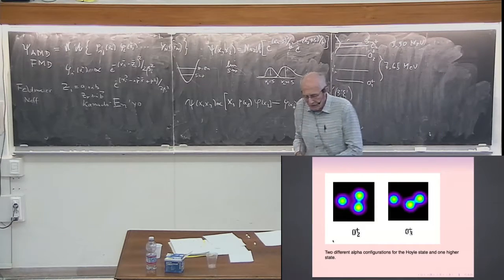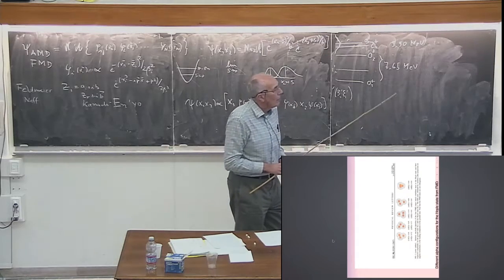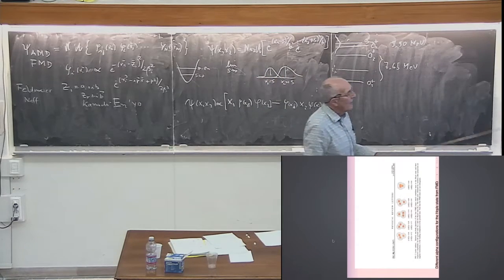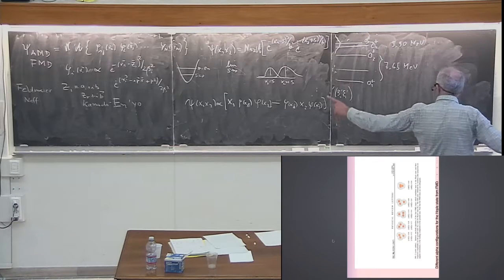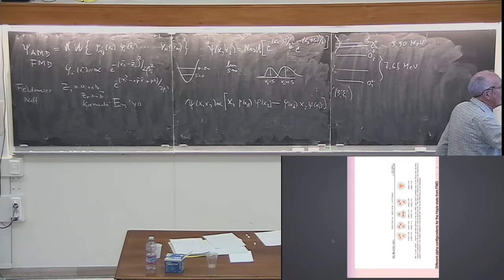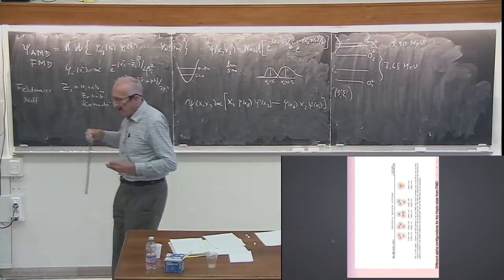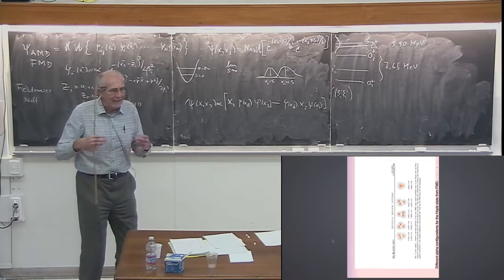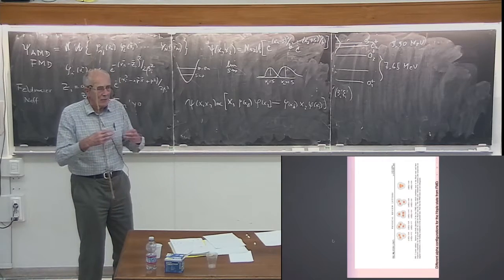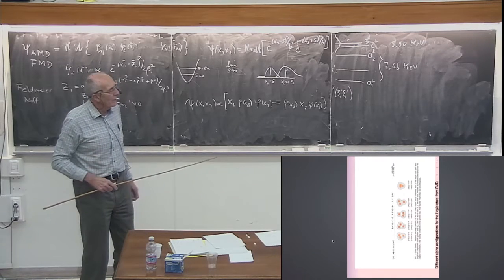So there are other calculations, unfortunately it's upside down, but you have here another calculation with FMD, and you see the Hoyle state has several different configurations for 3 alpha particles, so it's not a unique ensemble of 3 alphas, indicating that you actually have a superposition in a relative S wave of this Hoyle state.